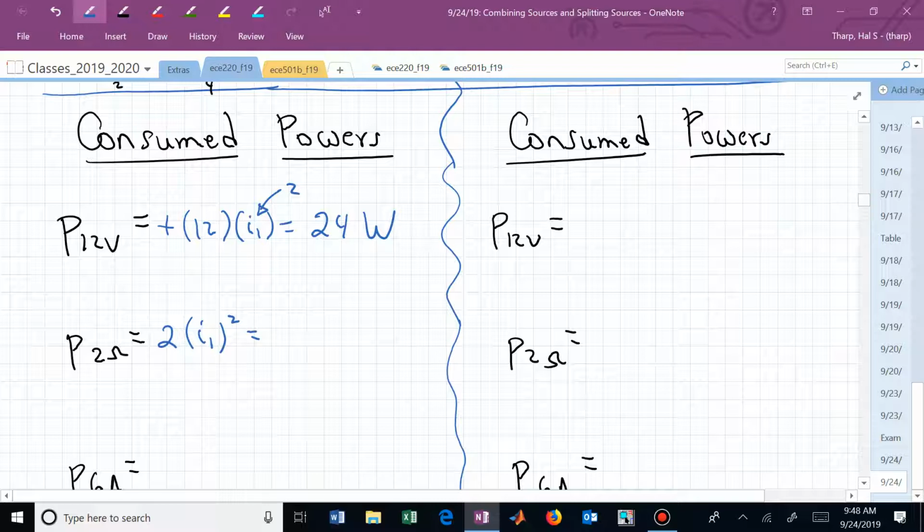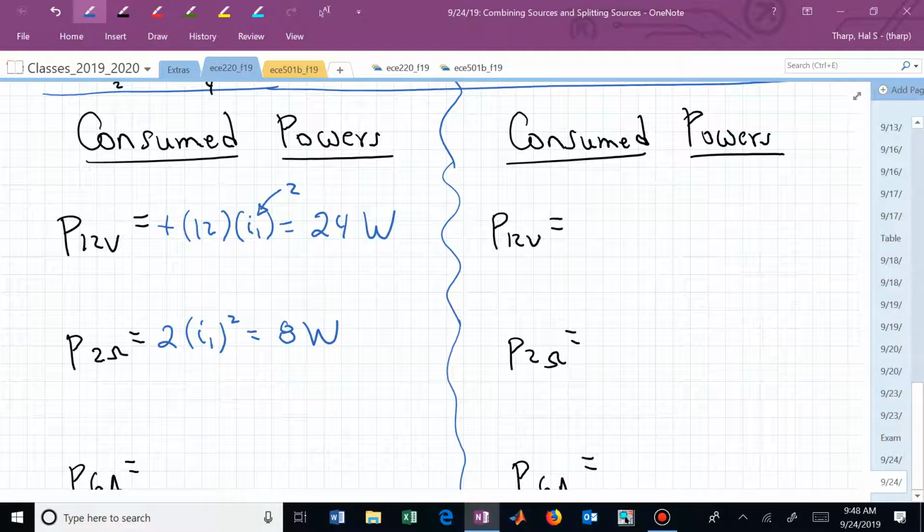That's 2 times 4, or 8 watts, and the sign is consistent in terms of the passive sign convention. That resistor, the 2 ohm resistor, is consuming 8 watts. And if that 12 volt voltage source is consuming 24 watts, what are we doing to that 12 volt battery? We're charging it, aren't we?